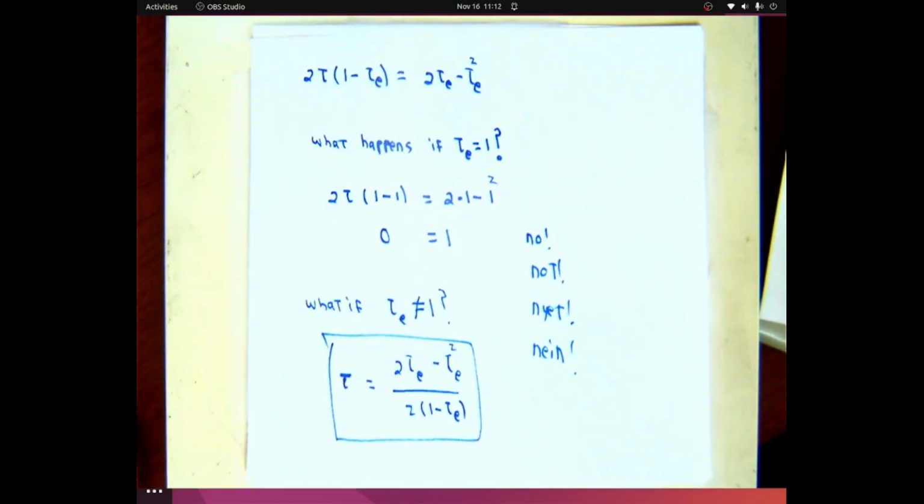I can certainly divide by 2 times 1 minus t sub e as long as t sub e isn't 1. This makes me think that other than that one odd moment, the photon will always catch up with Fred sooner or later, but we've got to be careful. We started at t equals 0.